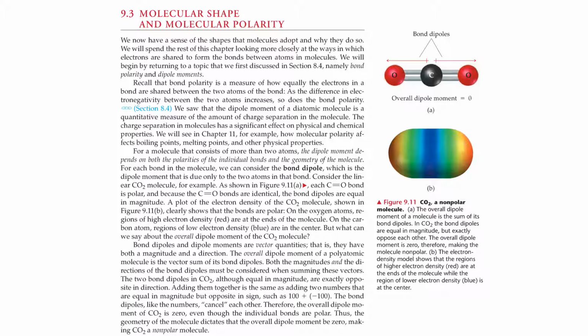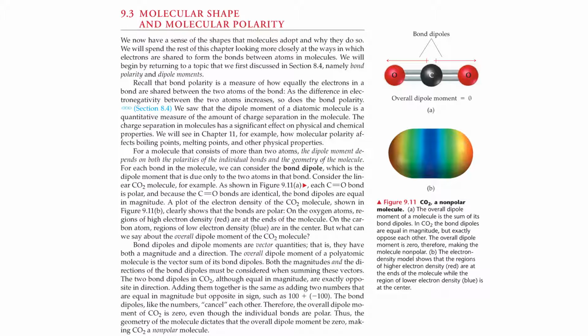Because the carbon-oxygen bonds are identical, the bond dipoles are equal in magnitude. A plot of electron density in the carbon dioxide molecule shown in Figure 9.11 clearly shows that these bonds are polar. On the oxygen atoms, regions of high electron density, red, are at the ends of the molecule. On the carbon atom, regions of low electron density, blue, are in the center.